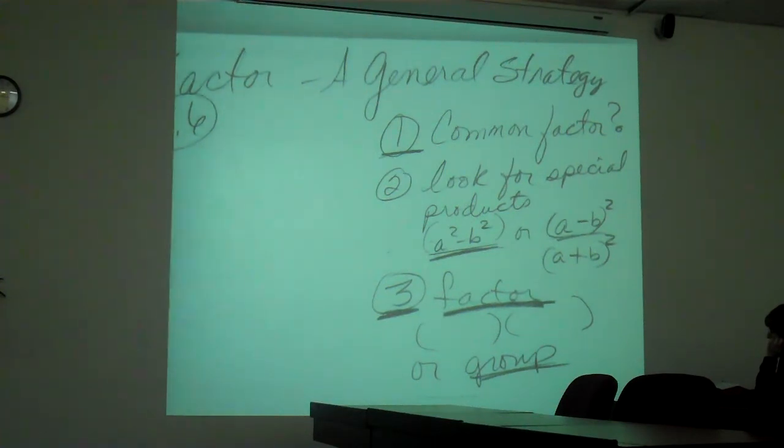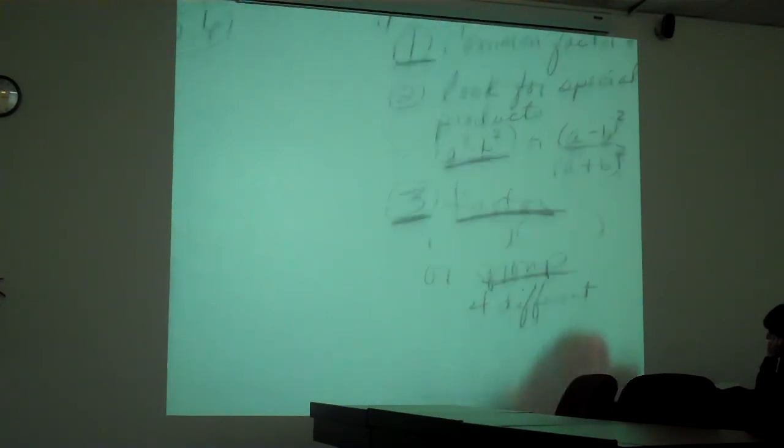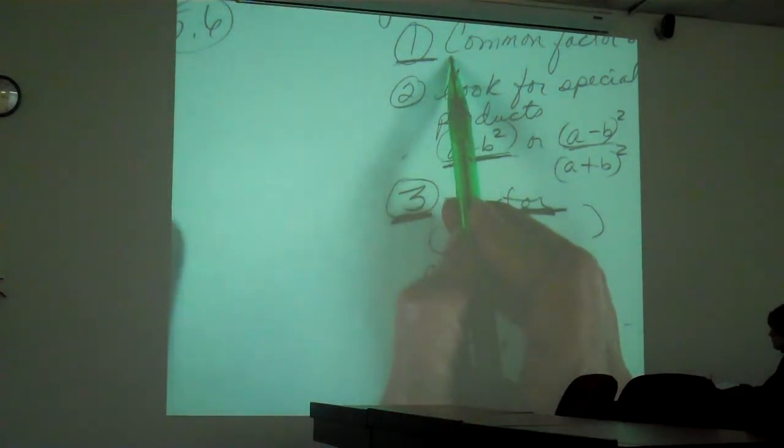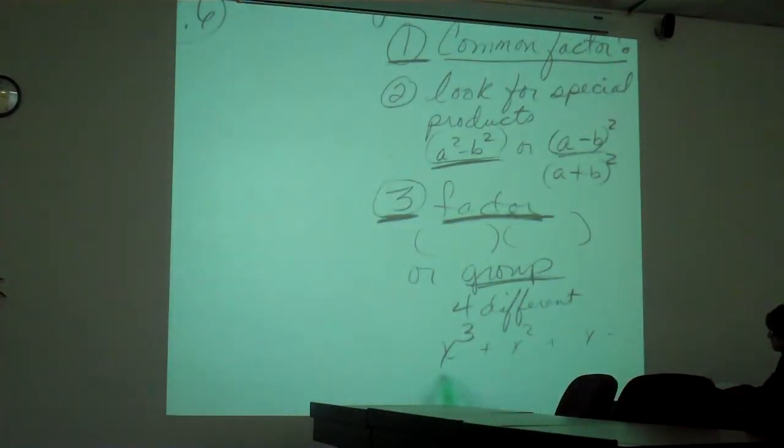If you have like an x cubed, and then something with an x squared, and then an x and a nothing, and there's still 4 things left after factoring out a common factor, you're probably going to have to group it.